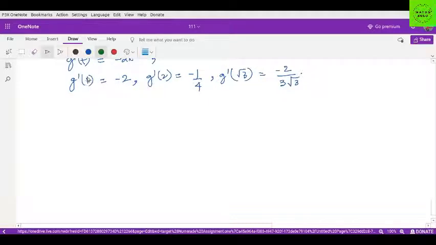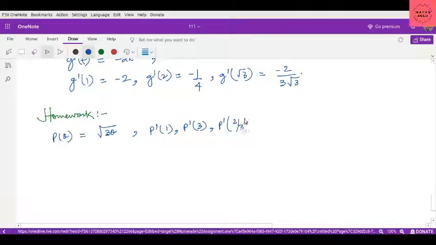Now here are some of the problems for you to solve at your home. So some of the homework problems are: p of theta is equal to root over 3 theta, and you have to find p dash 1, p dash 3, p dash 2 upon 3.